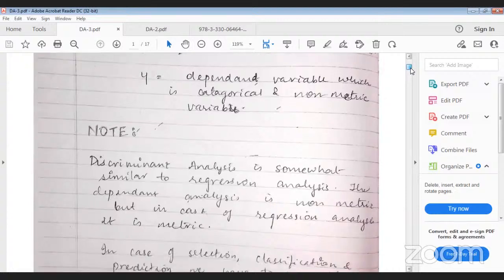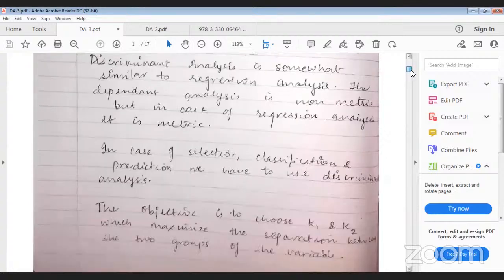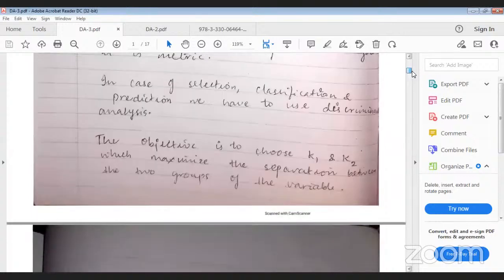You have to remember that. For selection, classification, and prediction, we use discriminant analysis, but you have to remember some conditions; only then can you use it, otherwise not.